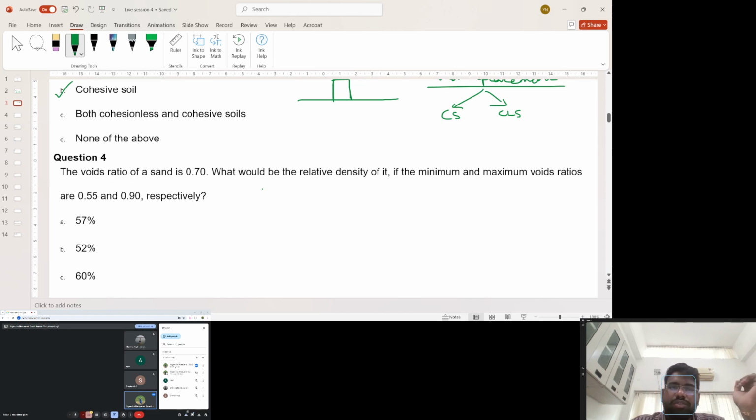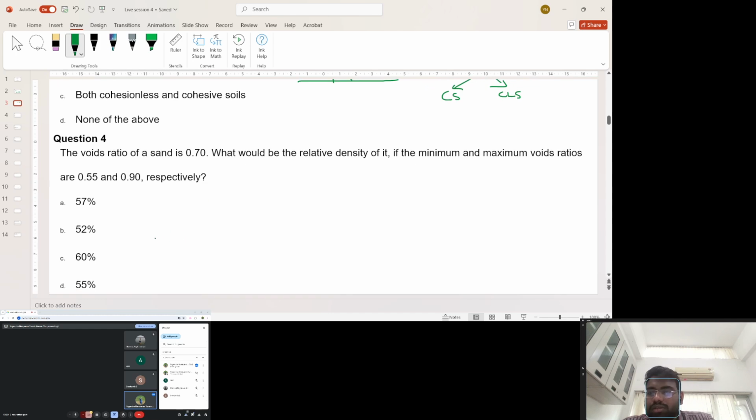What would be the relative density of it if the minimum and maximum void ratios are 0.55 and 0.90 respectively? Sir, move up, sir. Fourth option not visible. Yeah. Now what is the relationship for relative density?